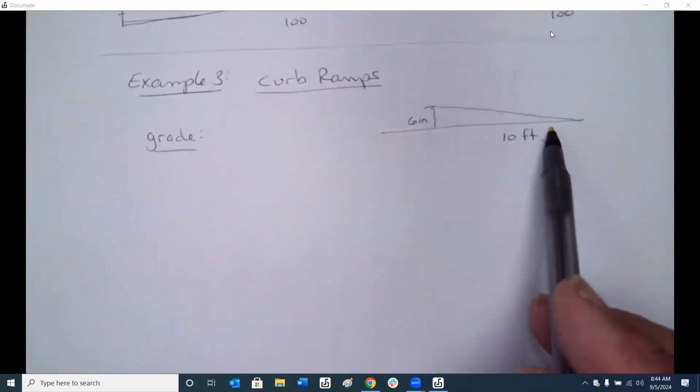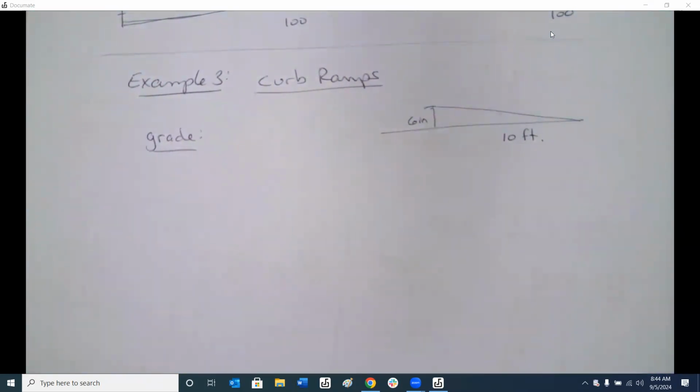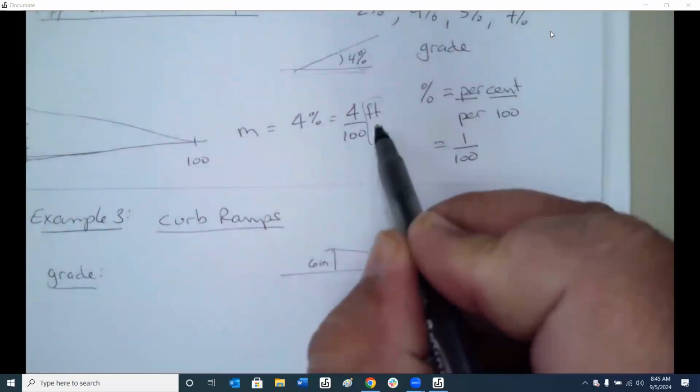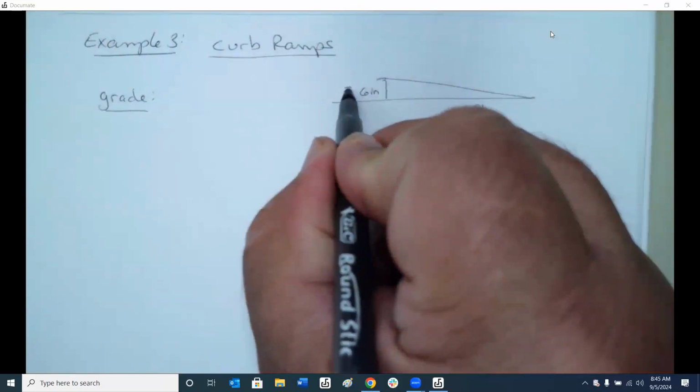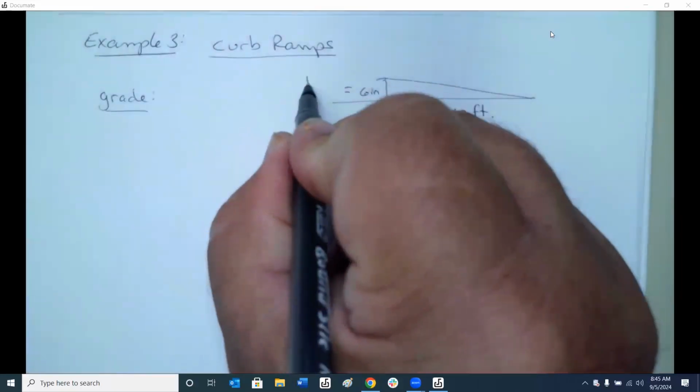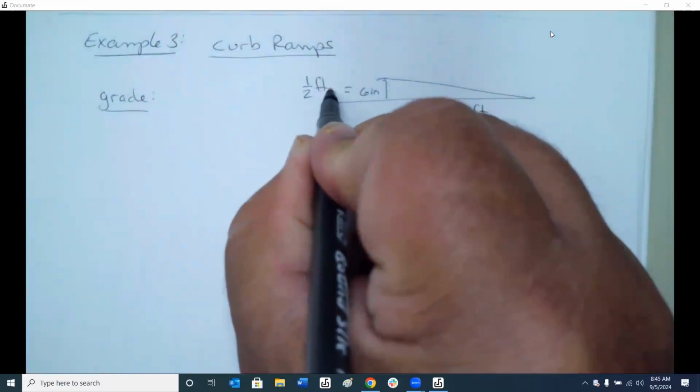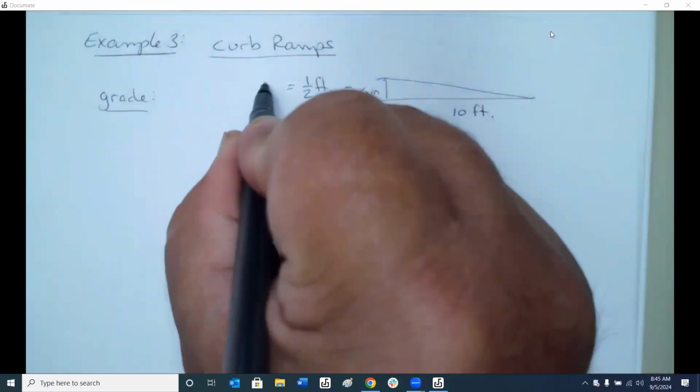It's usually 6 inches by 5 feet, but I'm making this a little easier for us. So the first thing we have to do is what? That's in inches, that's in feet. Grades are in feet over feet. So we have to convert these into feet. What is 6 inches? Half a foot or 0.5.